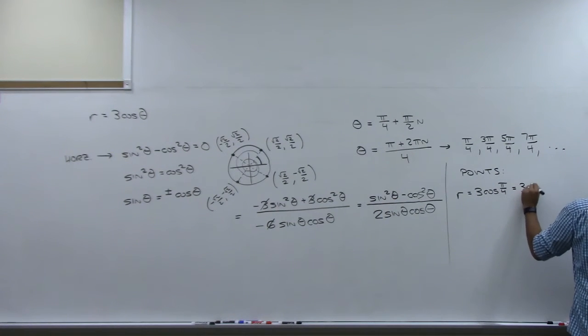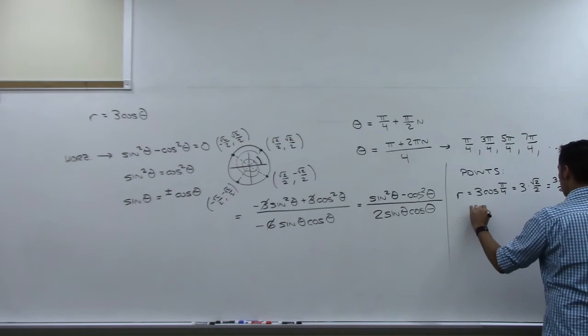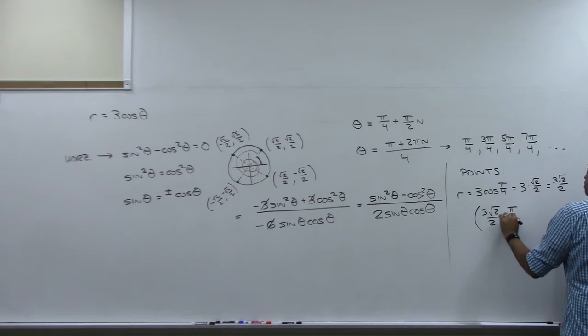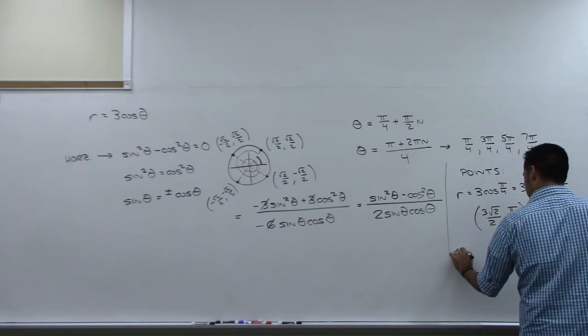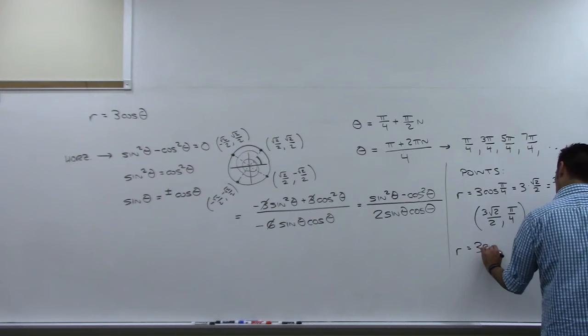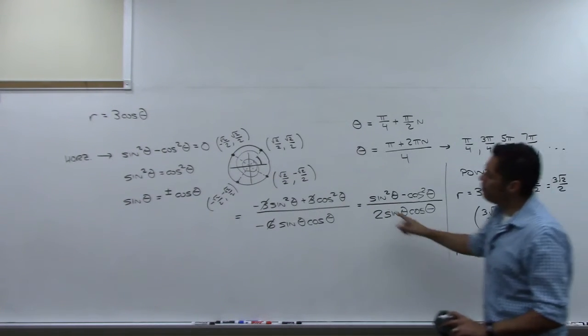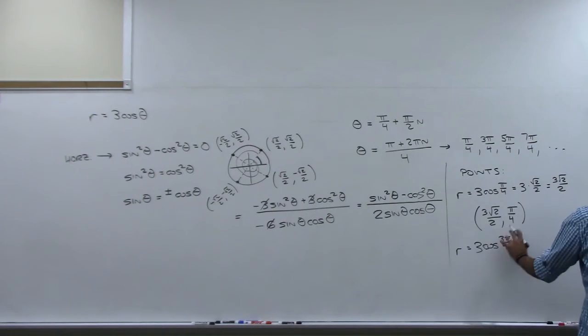So we get 3 times root 2 over 2, which is just 3 root 2 over 2. So if you look at this as a polar point, the r is 3 root 2 over 2, and the theta is pi over 4. And then if I plug in 3 pi over 4, the radius will be 3 times cosine of 3 pi over 4. When I'm at 3 pi over 4, cosine is negative. So I'm going to get the same answer as before, but negative.